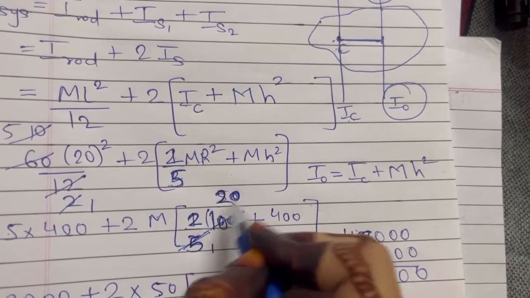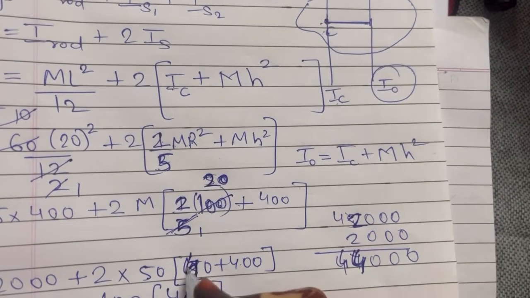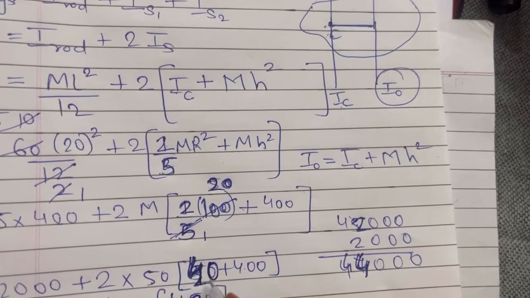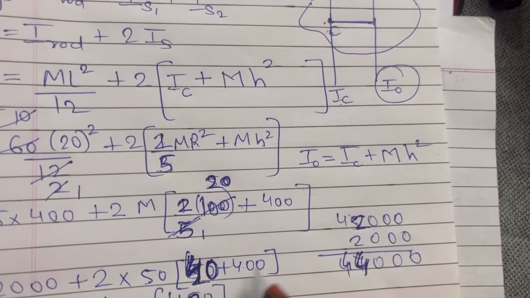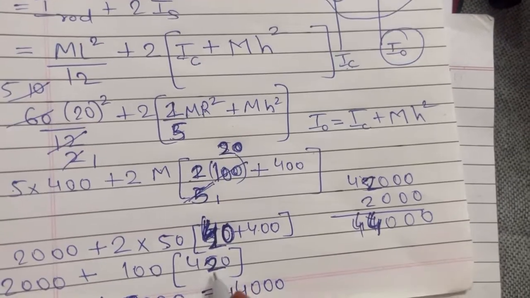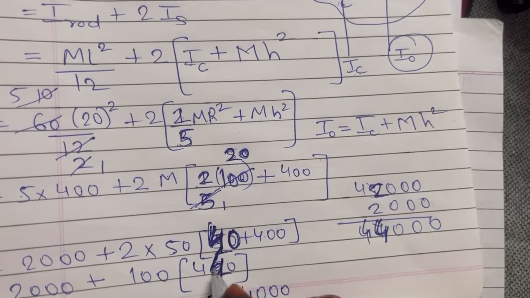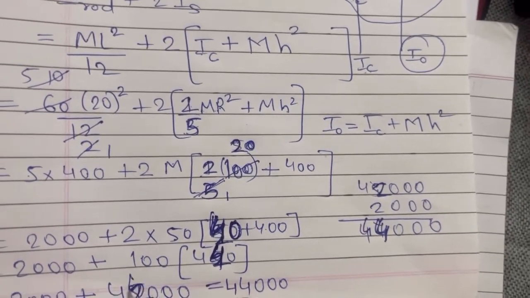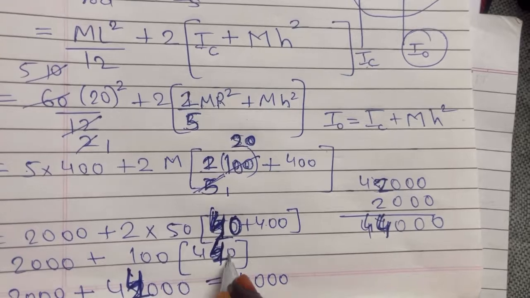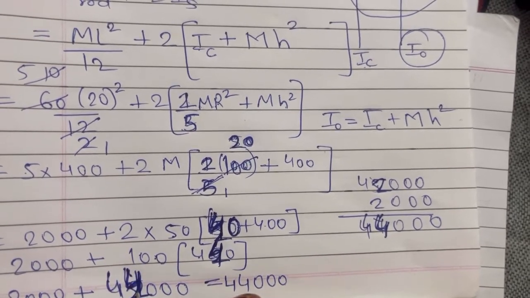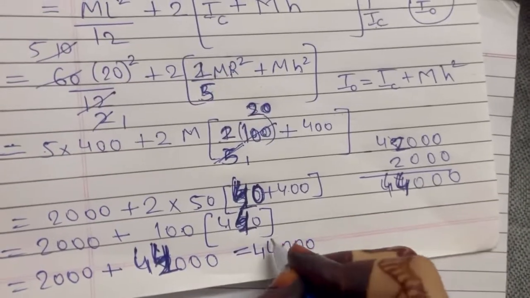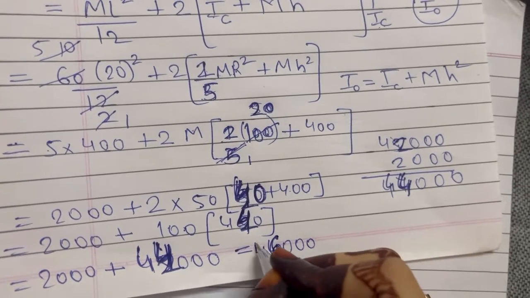So 2 2s are 4, 40. So here we will have 40. So 400 plus 40 will give me 440. So this will give me 440 into 100, 44,000, and this 44,000 plus 2,000 will give me 46,000.